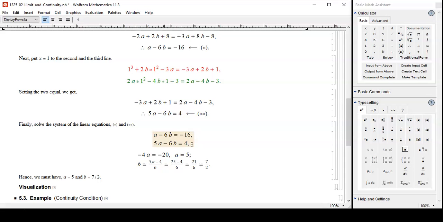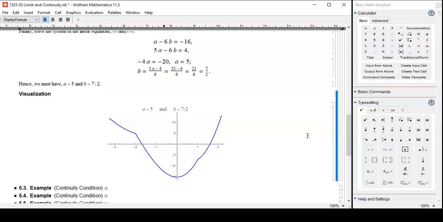And then how do we solve it? Well, there are many ways to do that. Elimination and substitution. Looks like I used elimination here. Eventually, it'll turn out that a is 5 and b is 7 over 2. And we end up with this kind of graph.